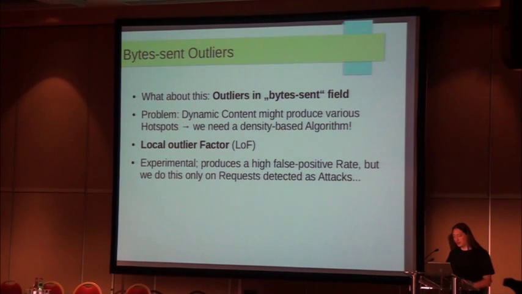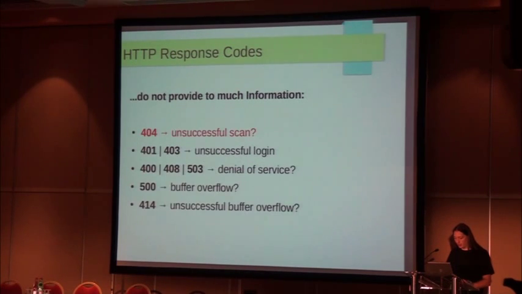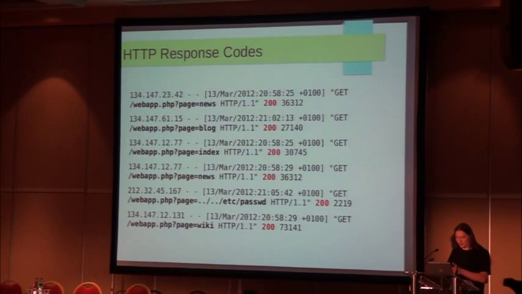The problem is that we don't normally, or very often, have static content with always the same bytes sent value, and then we get something else and know it's an outlier. Like in the example, we have page, news, blog, index, and so on. They all have some dynamic content.